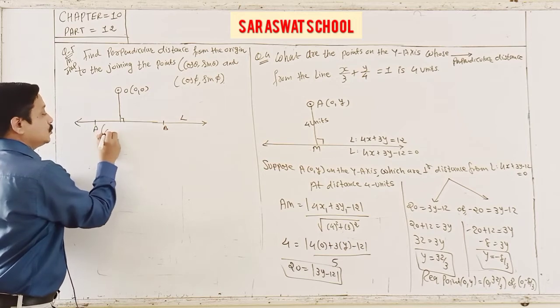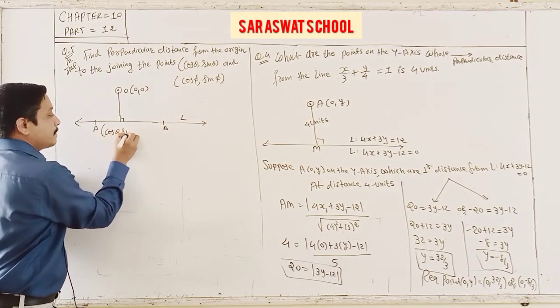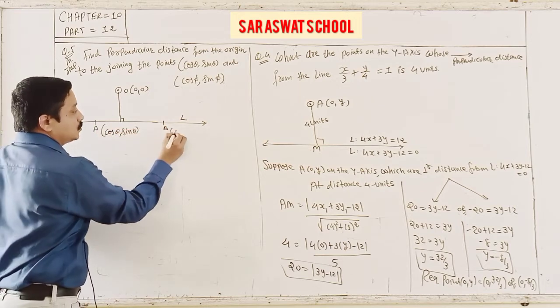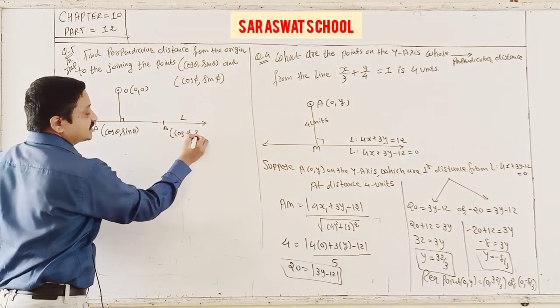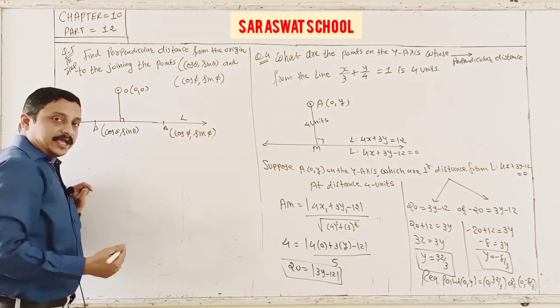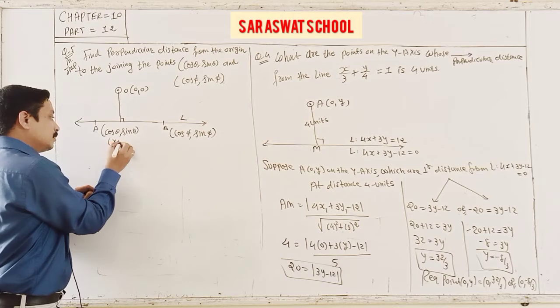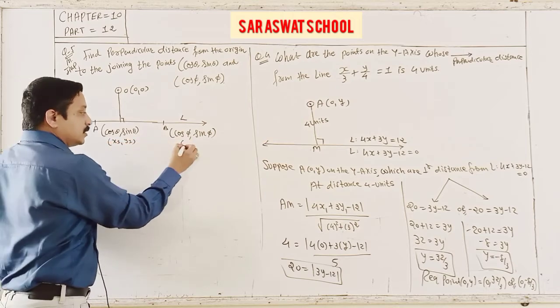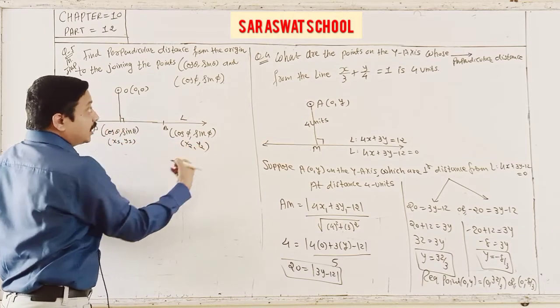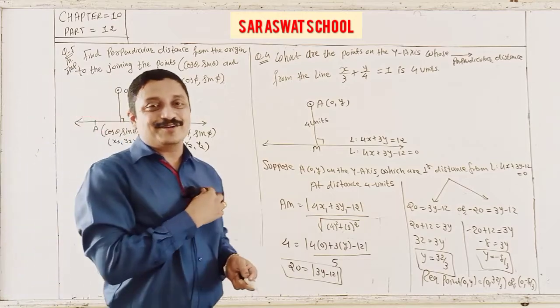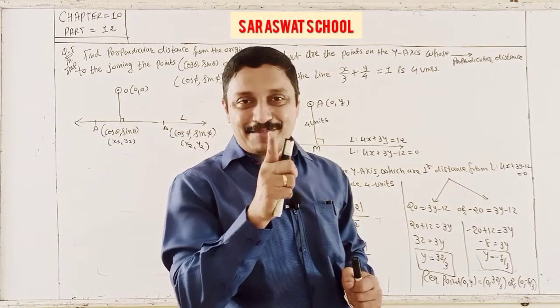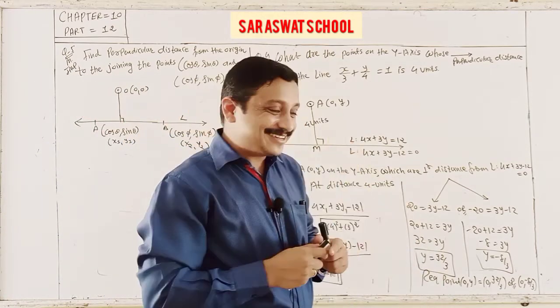A I have cos theta, sin theta, B I have cos phi, sin phi, and you take x1 y1 here, x2 y2 here, and systematically start our equation of line AB from 2 points given.